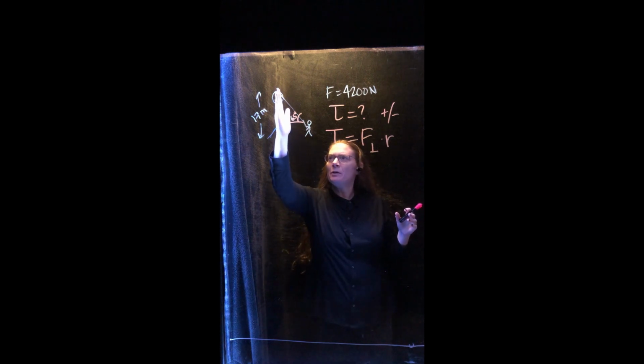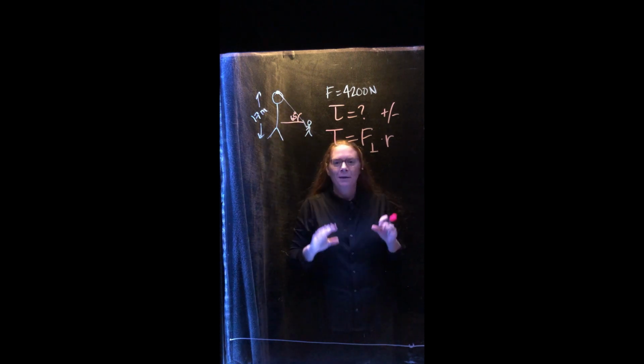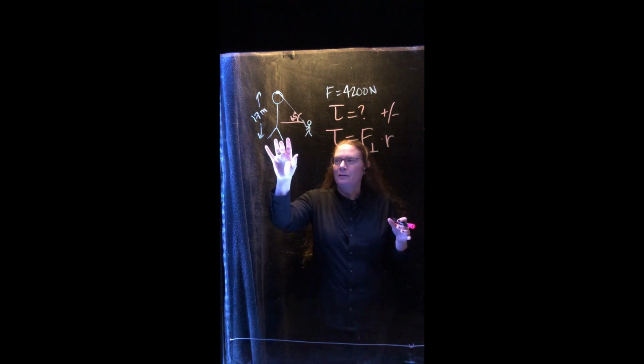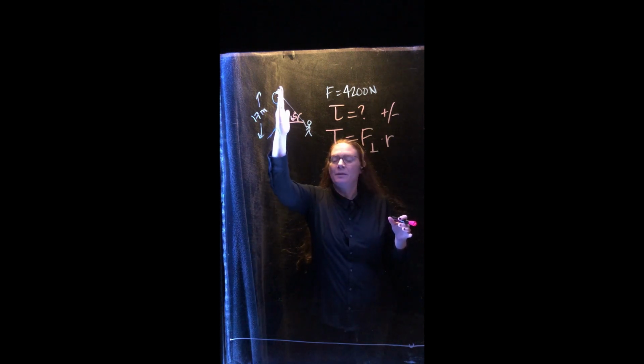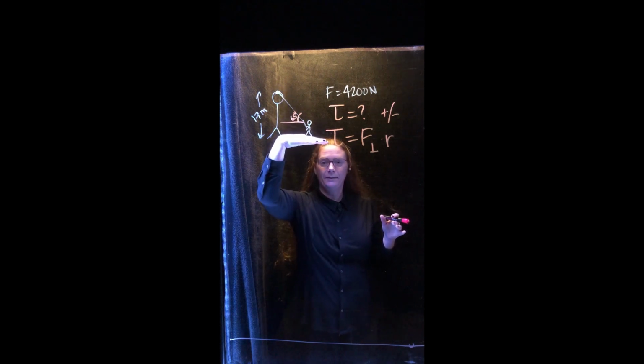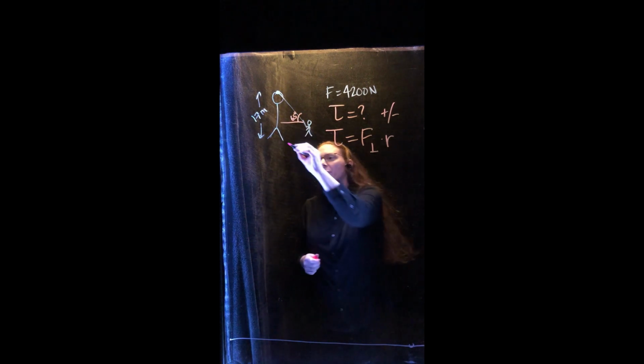Just go with your gut instinct on this, and it'll usually be right. I would say that the pivot point is at the base. If you're pulling on something at the top, it's going to try to pivot like that.